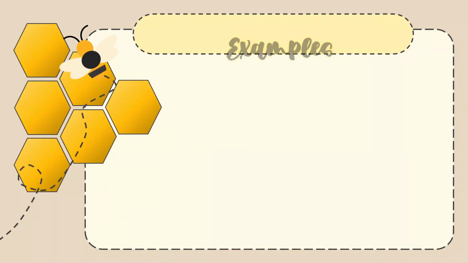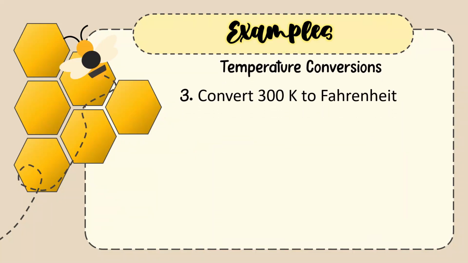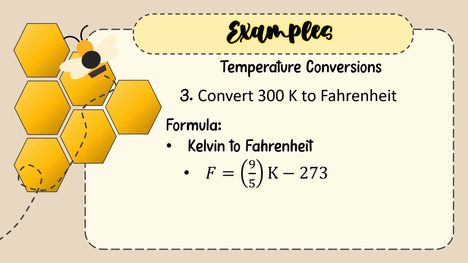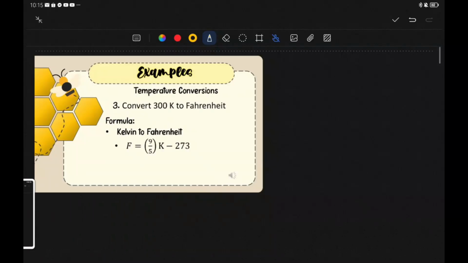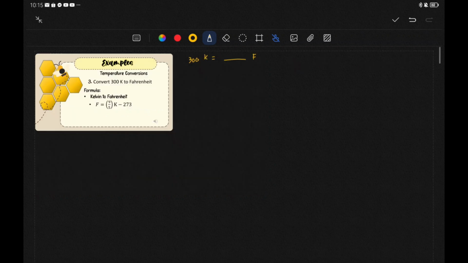For example number 3, we are going to convert 300 Kelvin to Fahrenheit, and this is the formula of Kelvin to Fahrenheit. Now let's solve 300 Kelvin to Fahrenheit. So this is our solution.